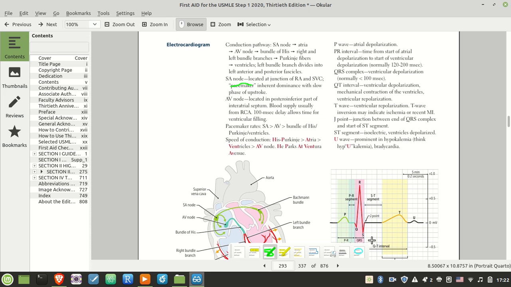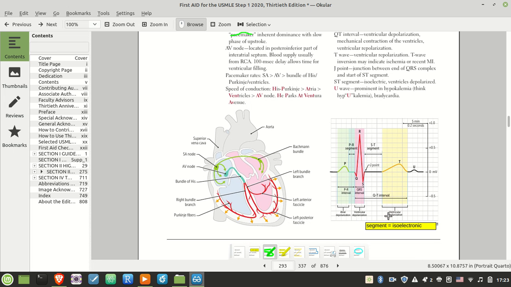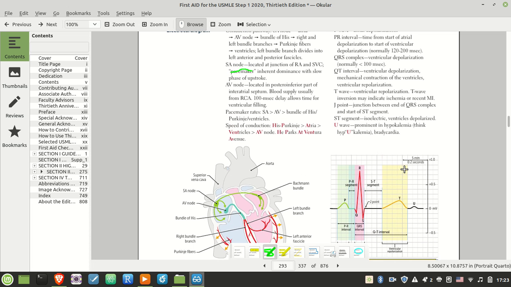Sometimes, obviously, if you've got things like ST segment elevations or depressions, then they won't really go back to 0. But that's a little nuanced for now. In any case, between the QT interval you have a whole bunch of stuff going on. Obviously, in the QRS complex, you're going to have depolarization. The QT interval spans the beginning of depolarization to the end of repolarization of the ventricles.